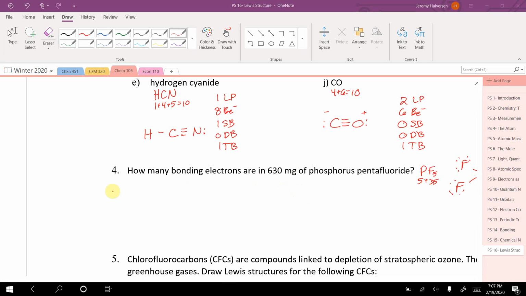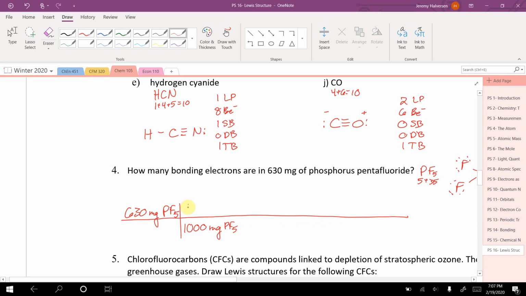So if I have 630 milligrams of PF5, if I want to get that to molecules, I need to get it to moles. If I want to get to moles, I need to get it to grams. So I know there's 1,000 milligrams in 1 gram.